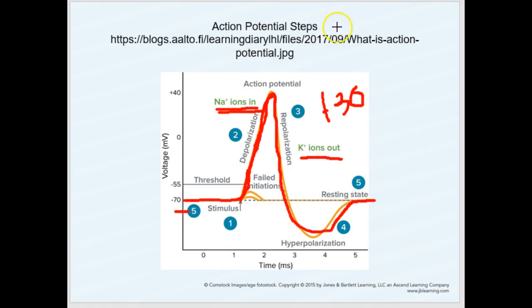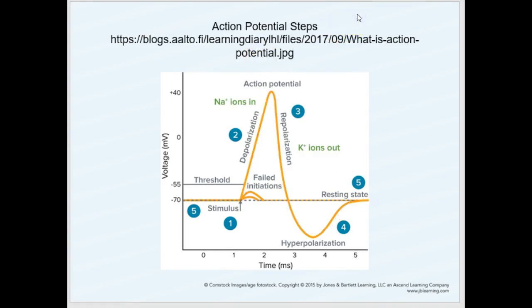So once again, a resting cell decides, so a nerve decides it's going to fire. Suppose the nerve that goes to my bicep muscle decides it's going to fire. It starts at -70 at resting. The signal comes down the nerve in the form of this action potential. The action potential goes through very specific steps.